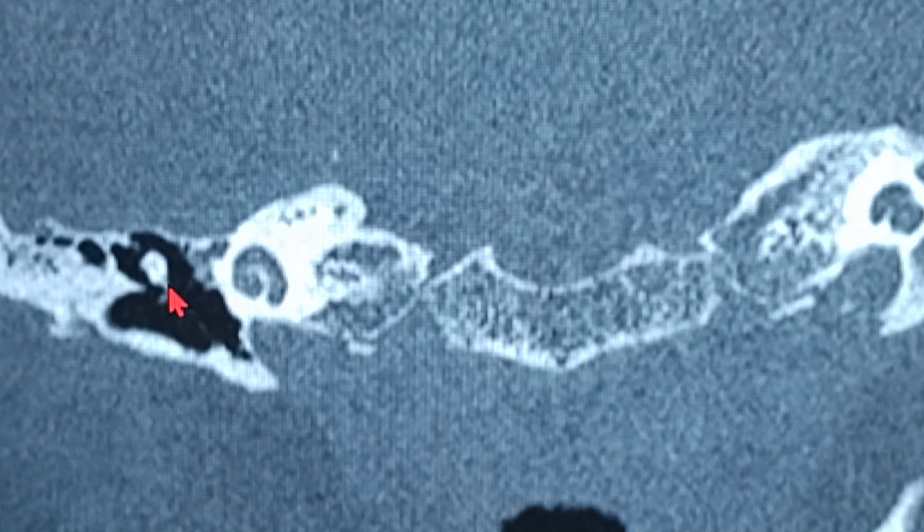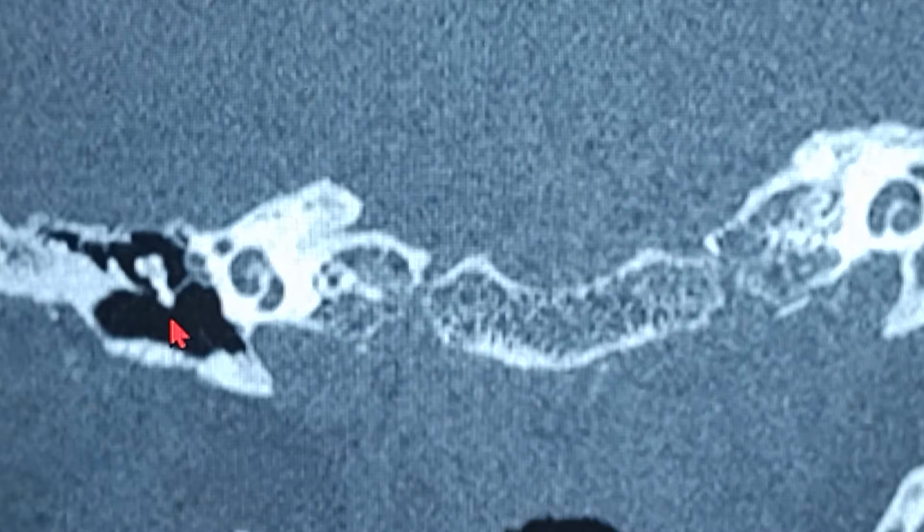You can see the anterior process of the malleus. This is the anterior process which is attached to the tympanic membrane. That's the head of the malleus. That's the scutum. The space between the malleus and the scutum over here is the Prussak space. This is the tympanic membrane. That's the middle ear mesotympanum. This is the epitympanum right there.